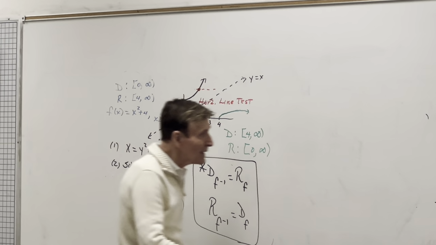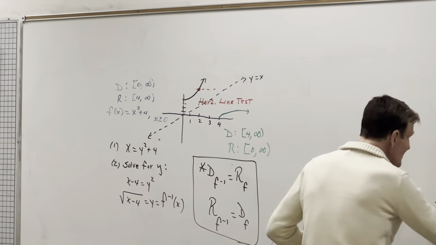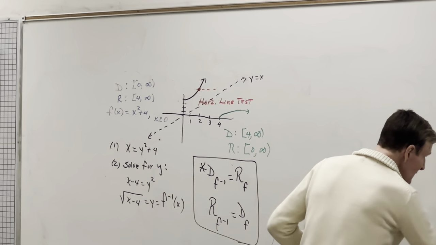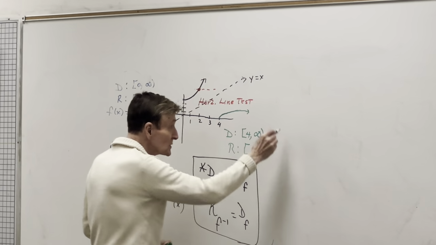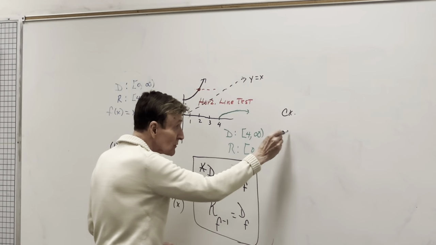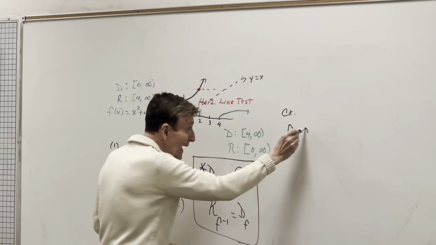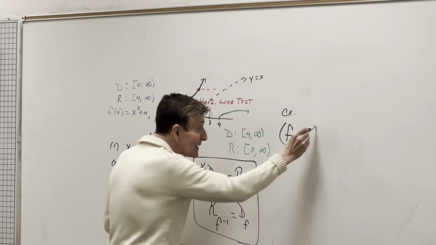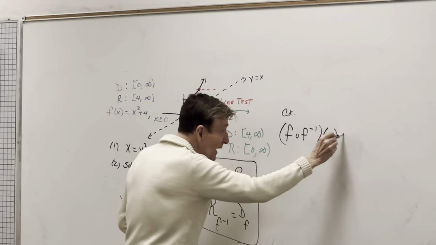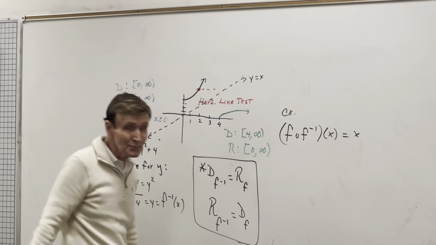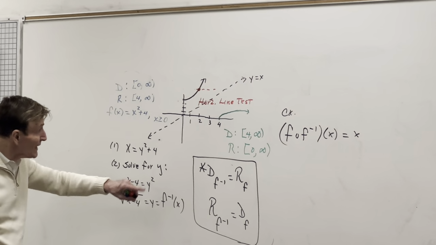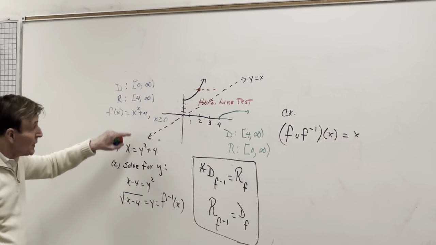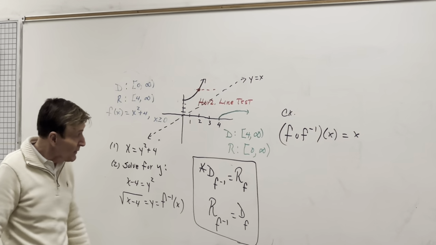Now, to close this down, I need to check to make sure we do have the inverse correctly. Let's form the composite with respect to x, and we had better get x. If not, that may be the wrong inverse.